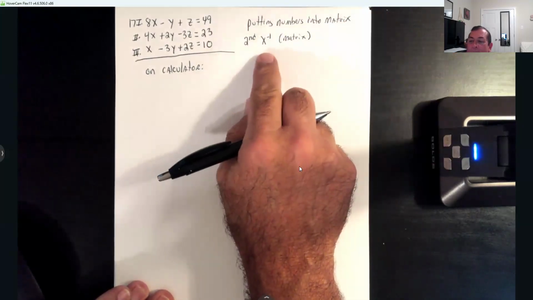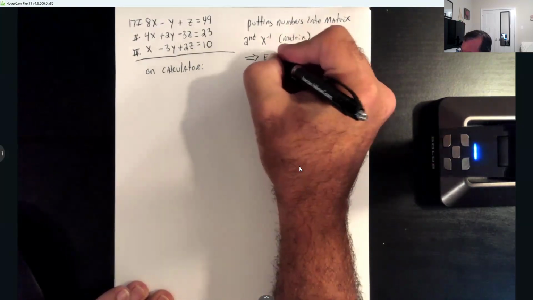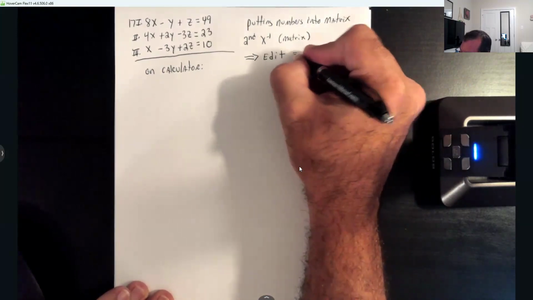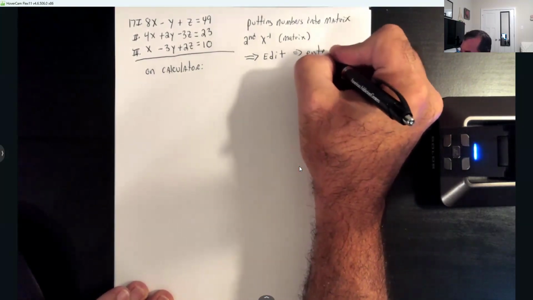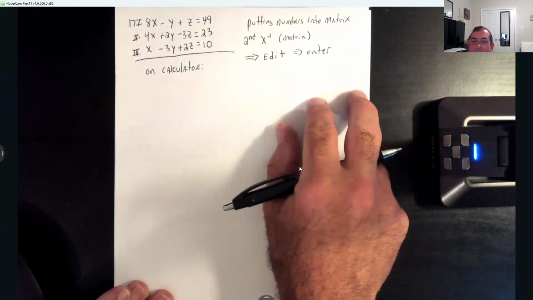Once I hit second x negative 1, I'm going to arrow right and go to edit. Once I'm on edit, I hit enter. So that's going to bring up the screen with all the little boxes on it.